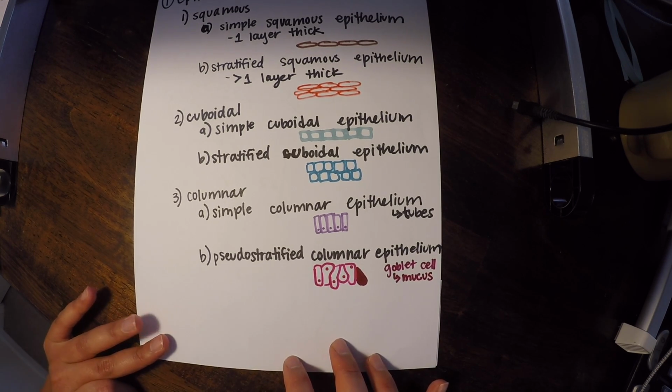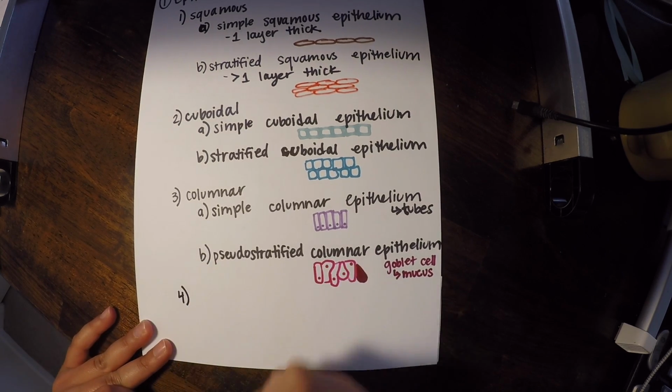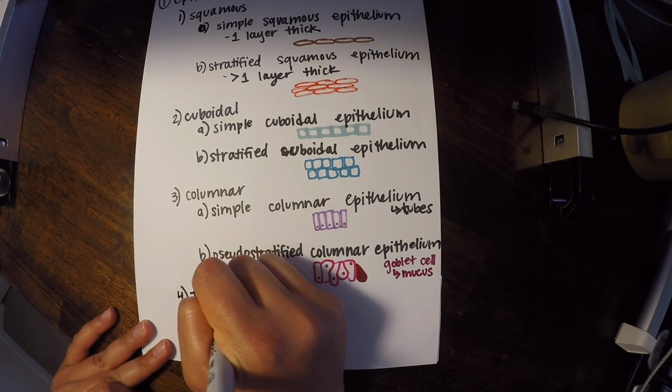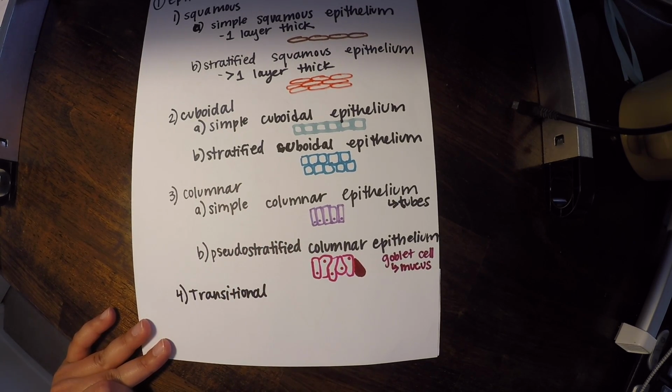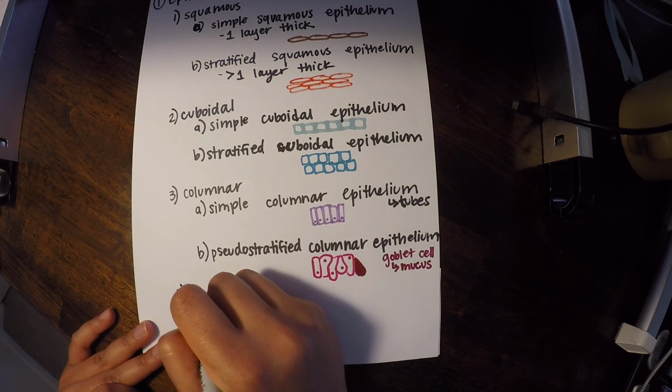Alrighty, so now we only have one more different type of epithelium, and that is called transitional epithelium. Now there aren't different types of it, like there's not a simple and stratified or a simple and pseudostratified, because it is always stratified.